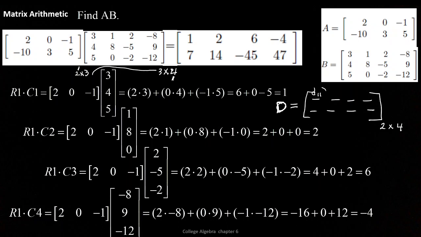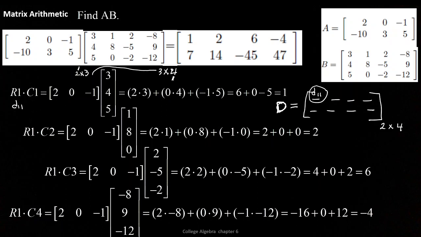So in order to get this entry, D11, we have to do what? D11 is the product of the row of the first matrix times the column of the second matrix, right? Row 1 of the first matrix and column 1 of the second matrix. How do we multiply?